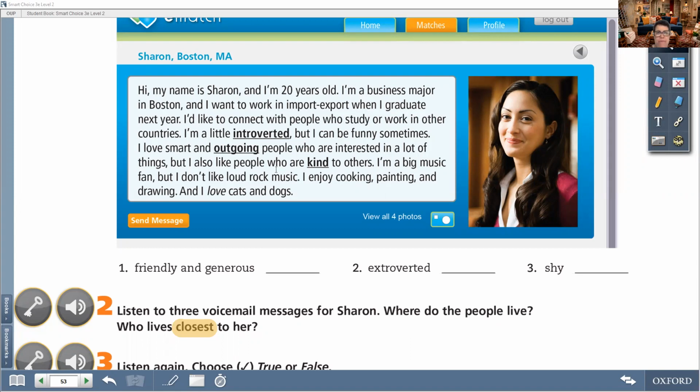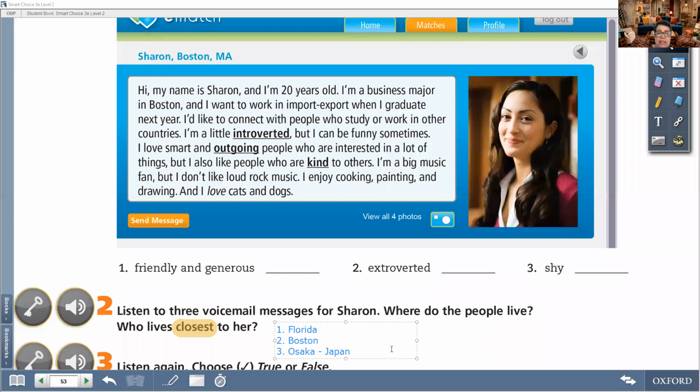The first one lives in Florida. Okay. The second one lives in Boston. All right. And the third one, okay, Osaka, Japan.